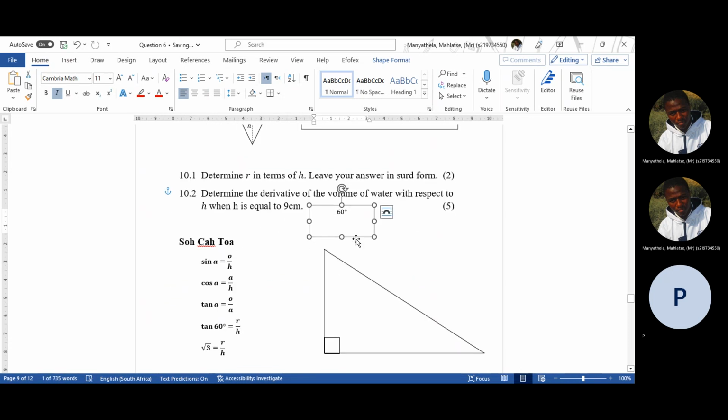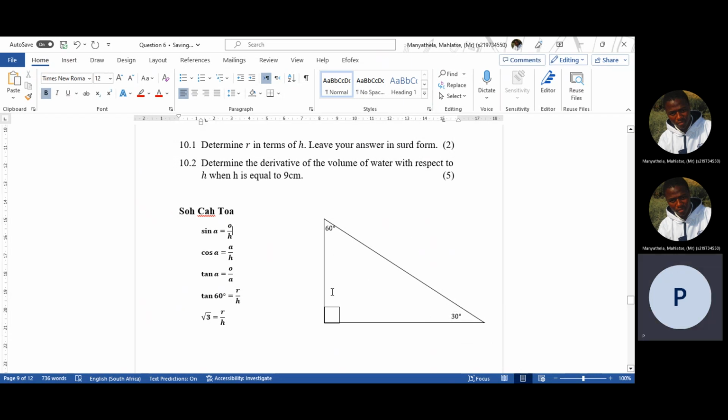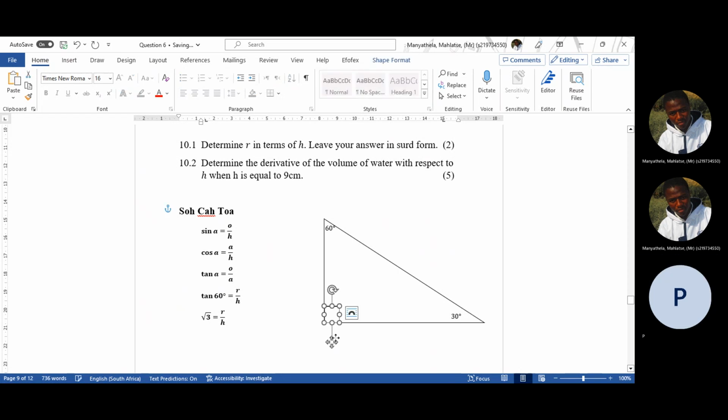Now this one is 60 degrees. From the sum of angles in the triangle, the other angle will be 90 minus 60, which is 30. So that when you add them together, they have to give you 180 degrees.